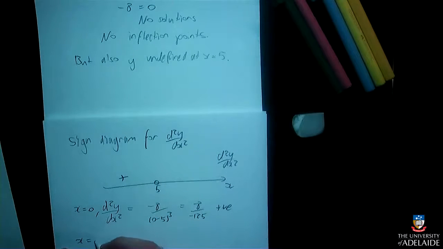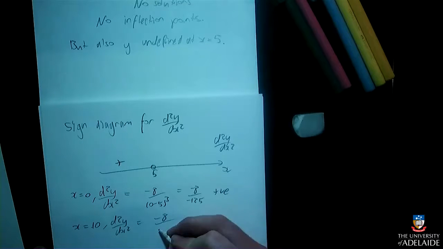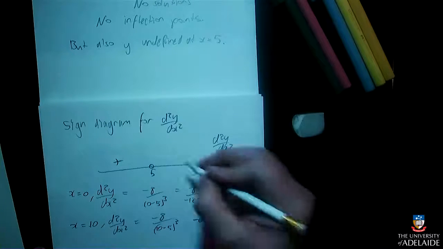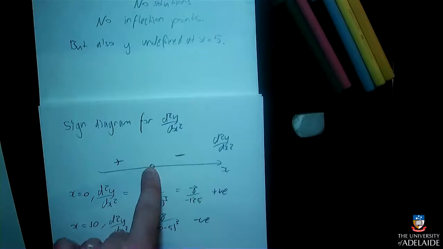And when x is equal to something more than 5, like 10, d squared y on dx squared is going to be minus 8 on 10 minus 5 cubed, which is the same answer but negative. Okay, so it's concave up here, it's concave down here. If this was a point where the function is defined, it would have been an inflection point, but the function's not actually defined there.